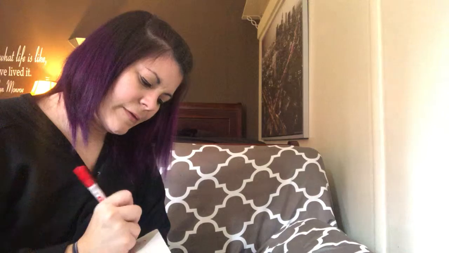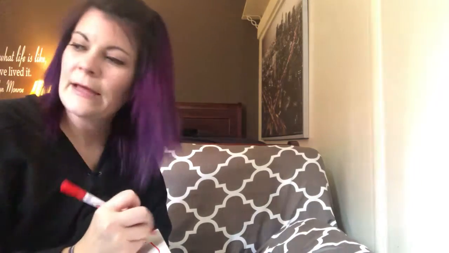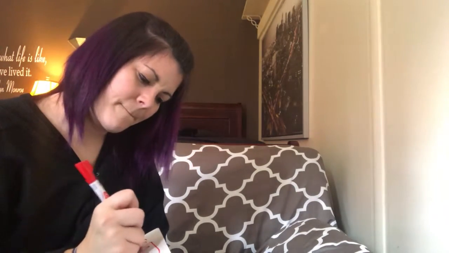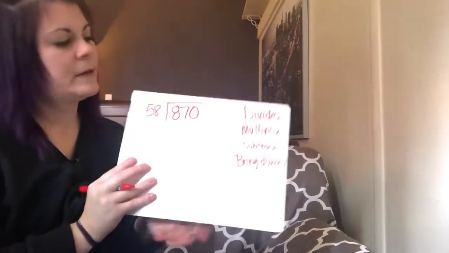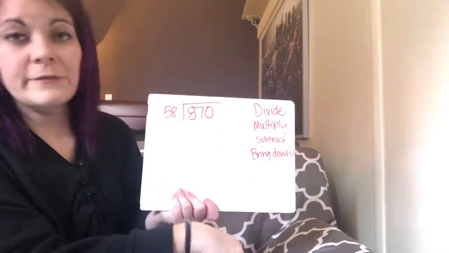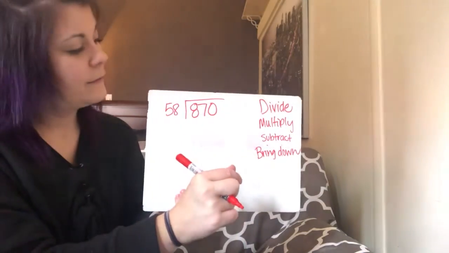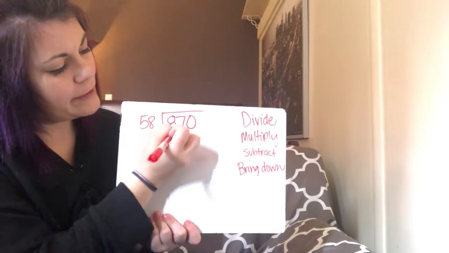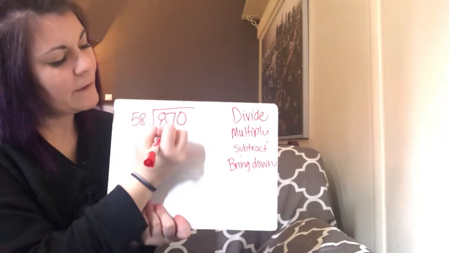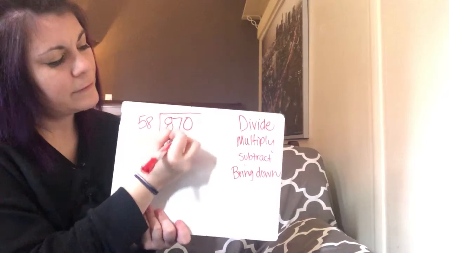Now, let's do a 2-digit divisor. You do it the exact same way. 870 divided by 58. Can 58 go into 8? No. Can 58 go into 87? Yes.